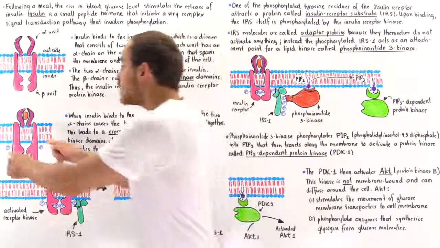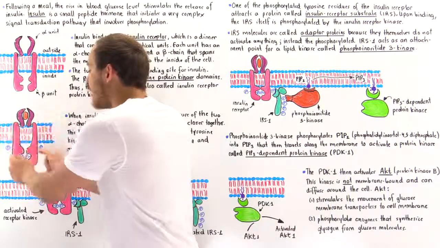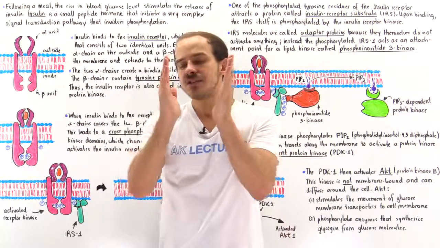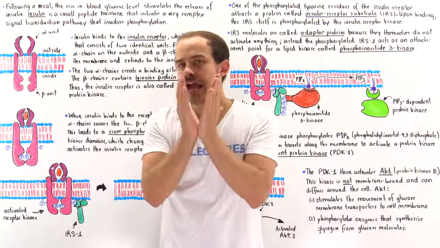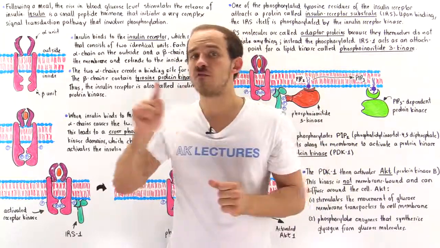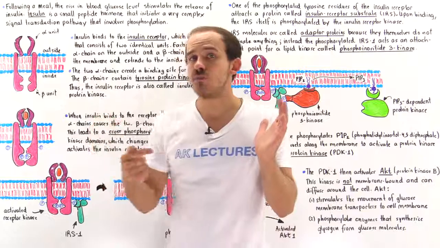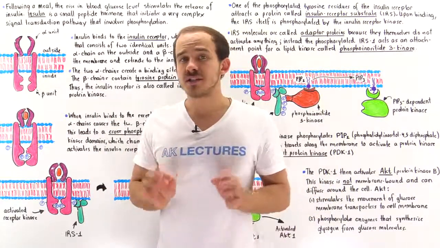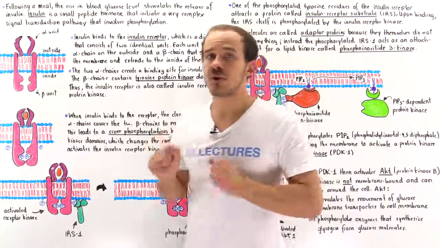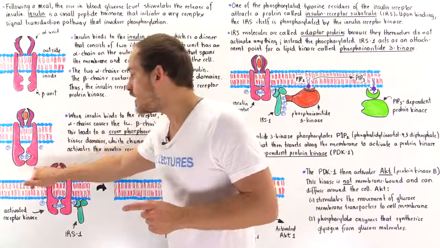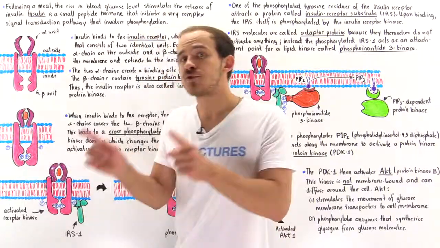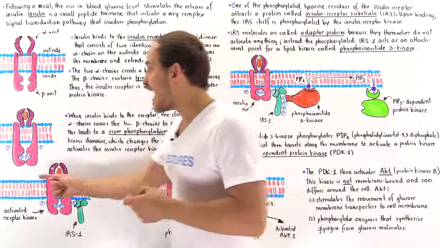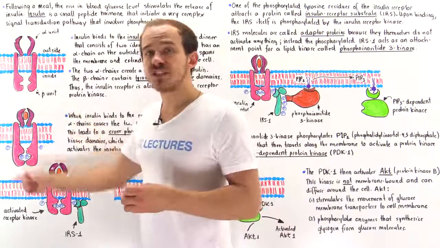On top of that, they also cause these two beta subunits to move closer together. As they move closer together, the activation region of one of the beta subunits moves into the active site of the other beta subunit. This causes a cross-phosphorylation process in which both of these beta units are phosphorylated in the presence of ATP, and that activates this insulin receptor.